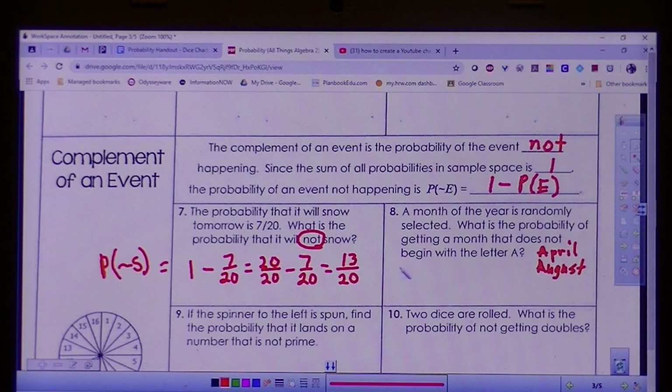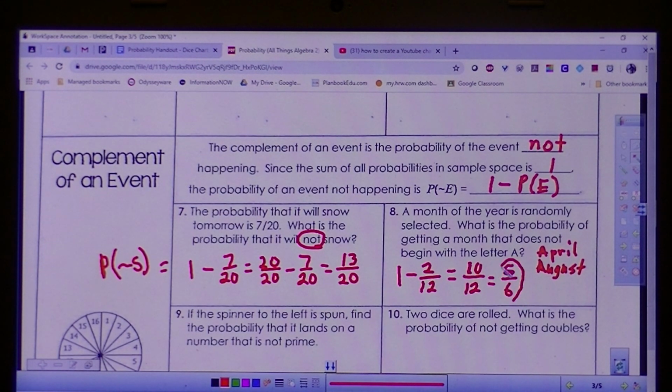Okay, so the probability of choosing a month that doesn't start with A is 1 minus 2 out of 12. Okay, so that ends up being 10 out of 12, which reduces to 5 over 6, because we always reduce our fractions.